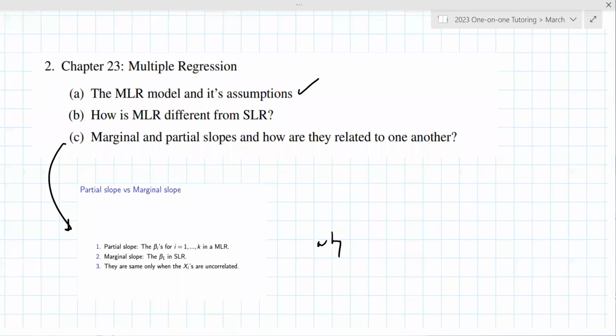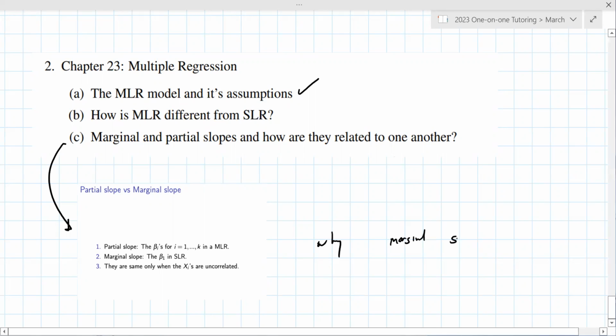Let me look and see which one it was. There's also a question why the marginal slope includes 0, which we kind of worked our way around answering, but I didn't have a good explanation for that.